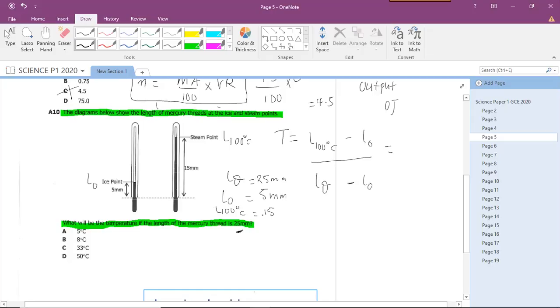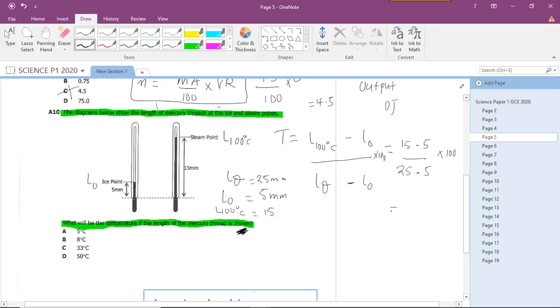Our L100 degrees Celsius, which is our steam point, is 15, minus our L0, which is our ice point, is 5, over our L theta, the second reading that we've been given of the mercury thread, is 25. The formula is multiplied by 100, minus our L0 again, which is 5, multiplied by 100.